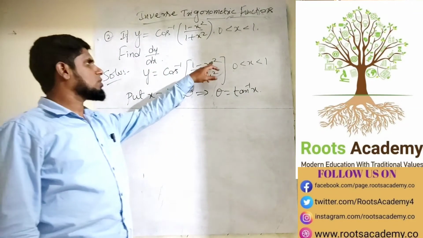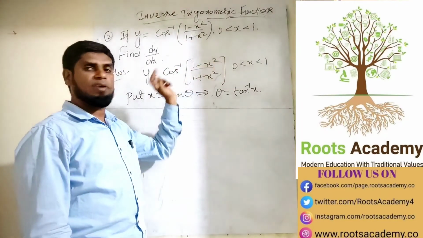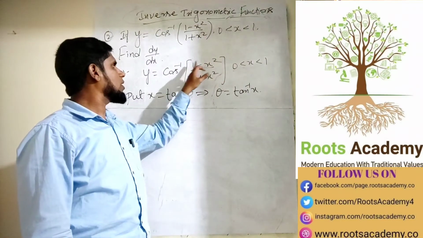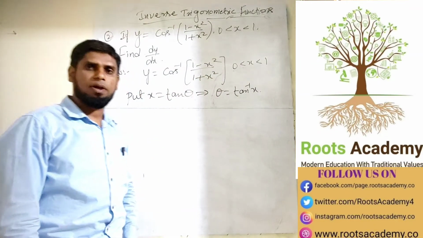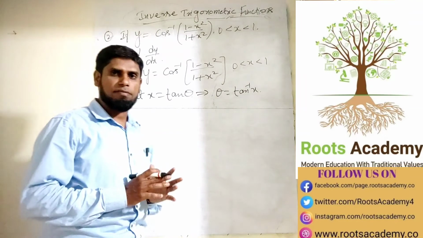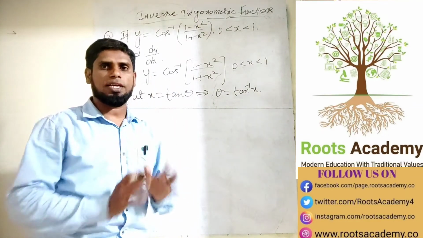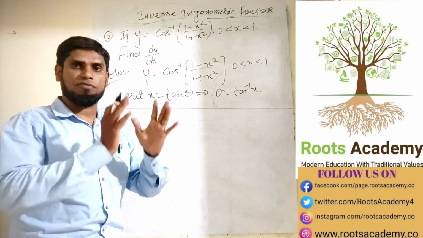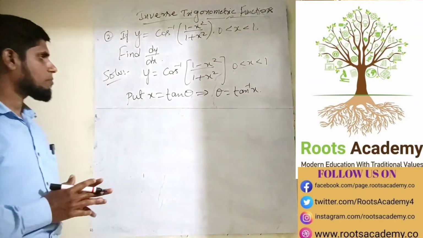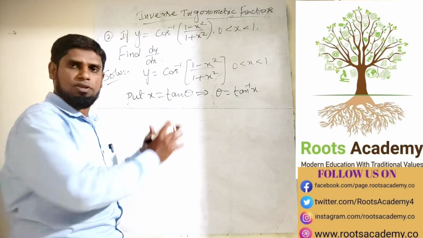If I put x equals sine here, I don't have any formula for (1 minus sine square) divided by (1 plus sine square). As I said in the beginning, the moment you substitute x equals any trigonometric ratio, make sure that you are getting a direct formula. If you are getting a direct formula, then your substitution is correct.